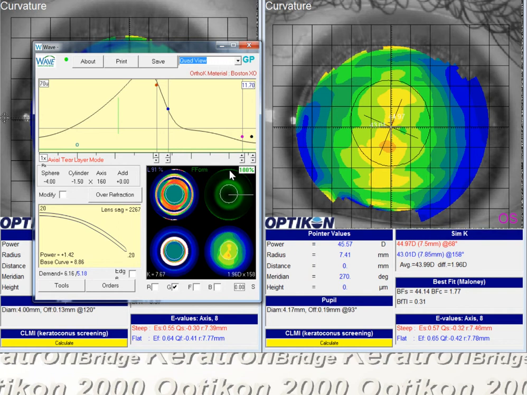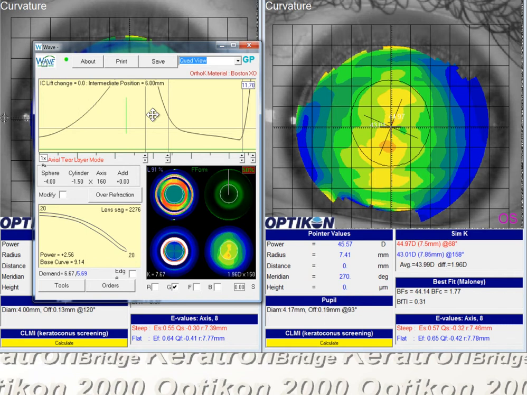All right. So we want to change this to 50% and then move these again. Okay, and you can see the oval shape of the optic zone now.